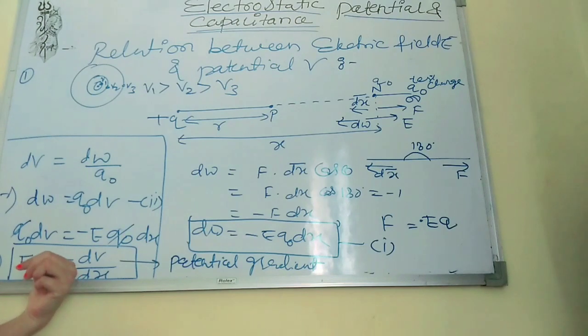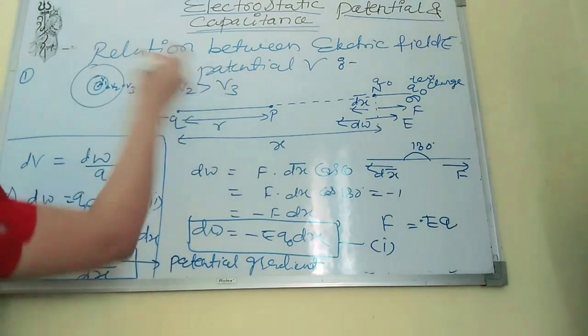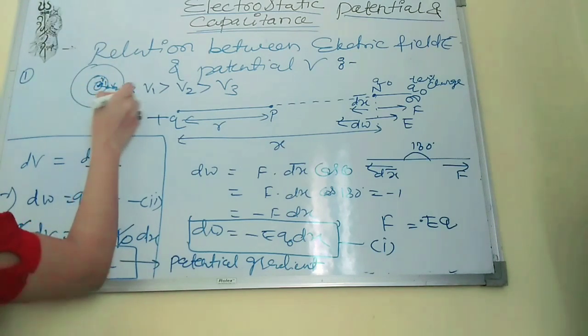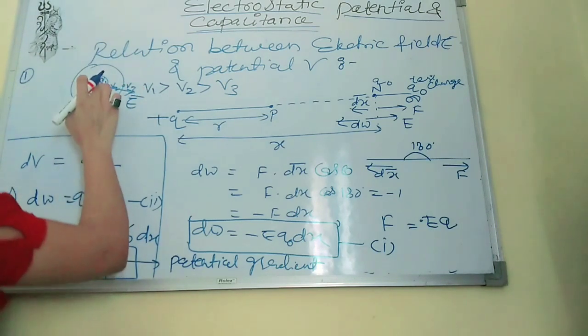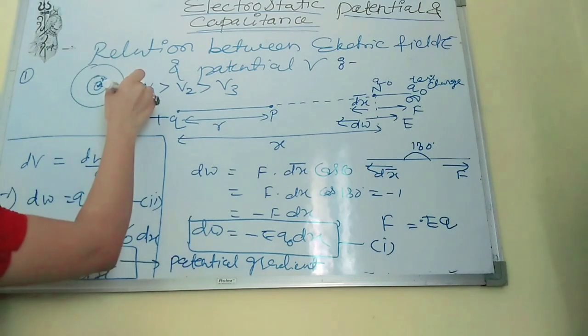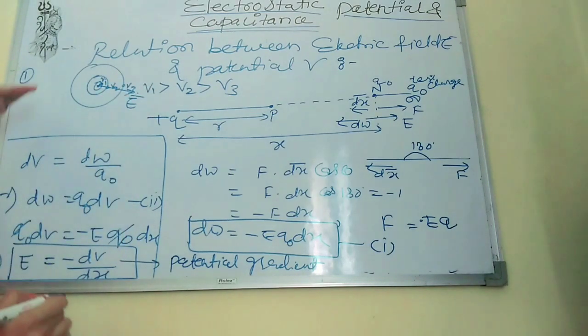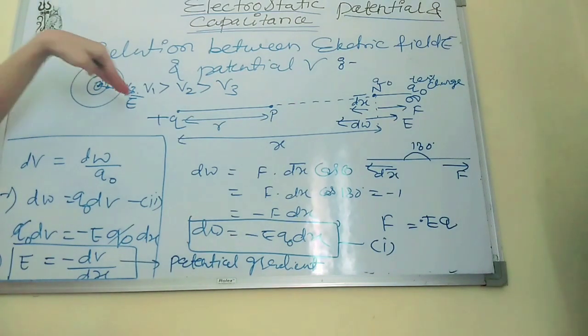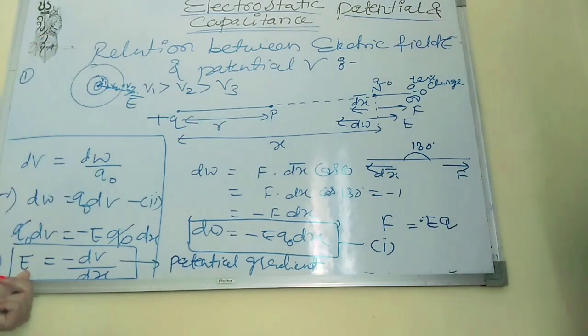So this minus sign is showing that it is going in a decreasing manner, and this electric field will always appear from higher potential to lower potential. This is the electric field direction. V1 is the high potential and V3 is the smallest potential. So it will always go from high to low potential. And another point is, here you can see E equal to minus dV by dx.